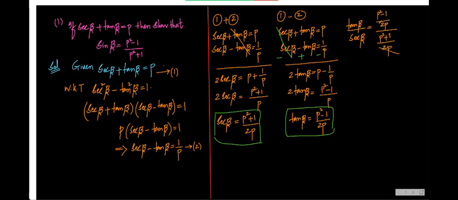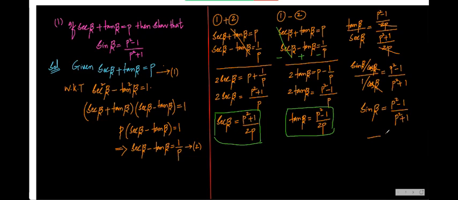See, I keep tan beta in the numerator because I want the answer also to be negative. The 2P cancels. Tan beta we can write as sin beta divided by cos beta, and sec beta can be written as 1 by cos beta, so we are left with P square minus 1 by P square plus 1. This cos beta will be cancelled. Sin beta divided by 1 is sin beta only. Finally, we have proved that sin beta value is P square minus 1 by P square plus 1, which is the end of this problem, and it's a very important, very interesting problem.